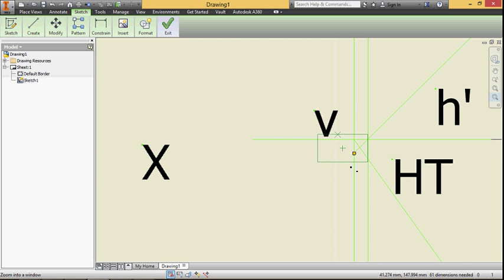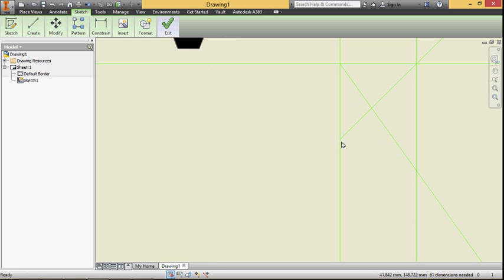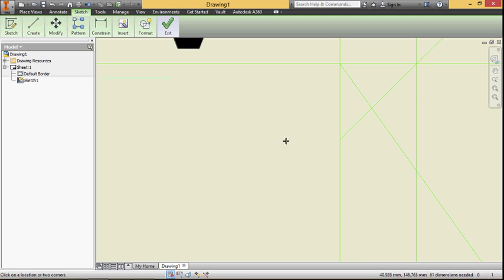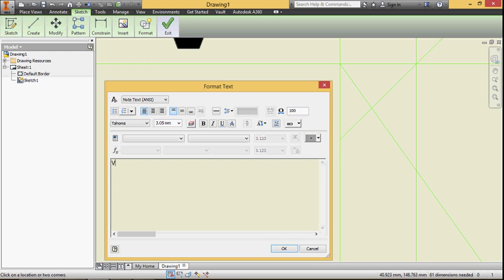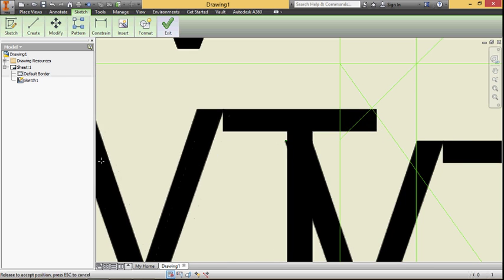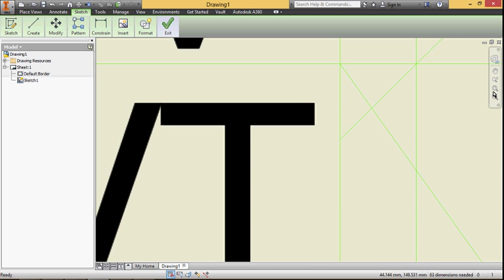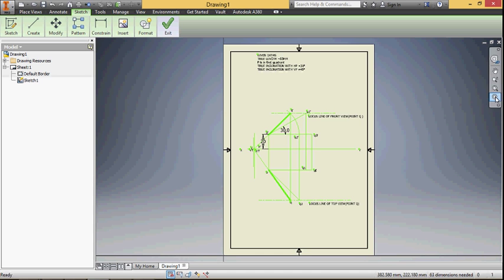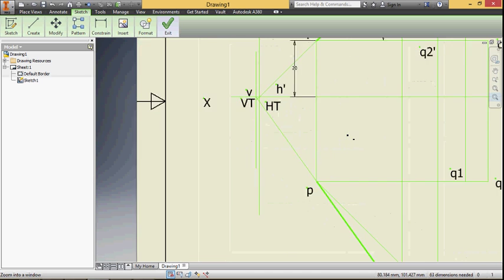It will touch that perpendicular line at this point. This point is called VT, the vertical trace.